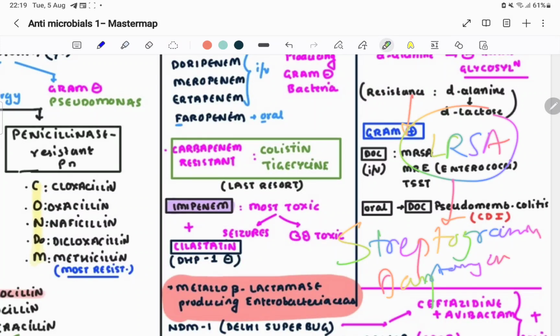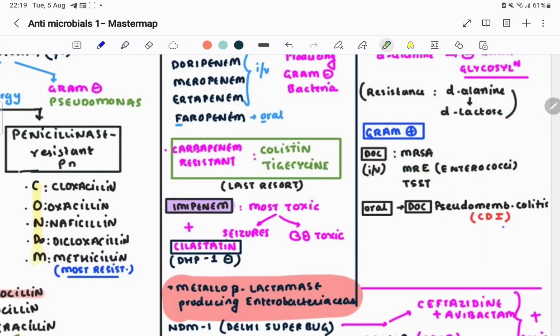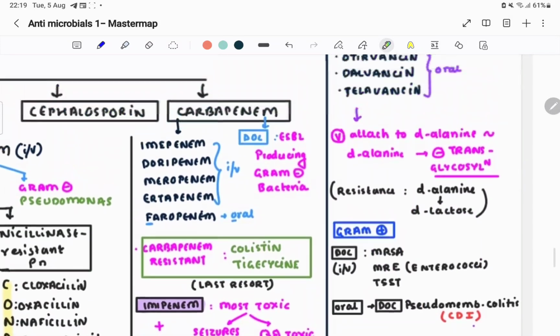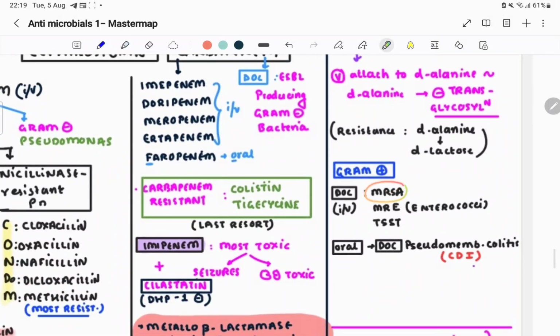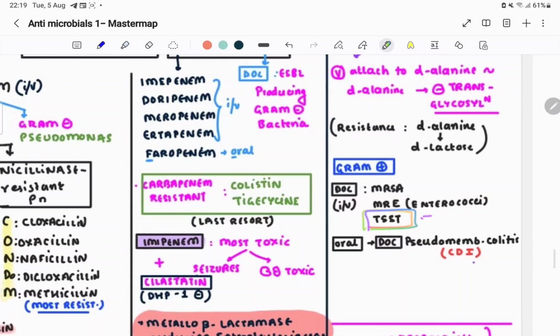Vancomycin is used in MRSA, also in MRE, methicillin resistant enterococci, and also in toxic shock syndrome, not much important. You just remember MRSA and MRE.